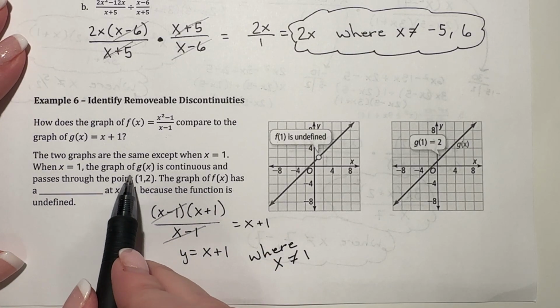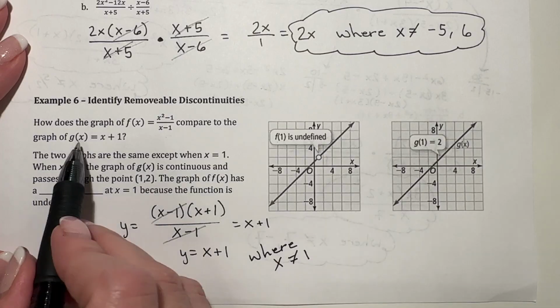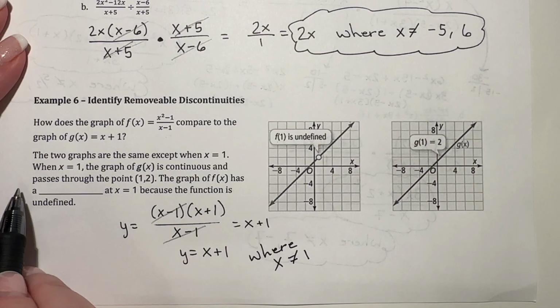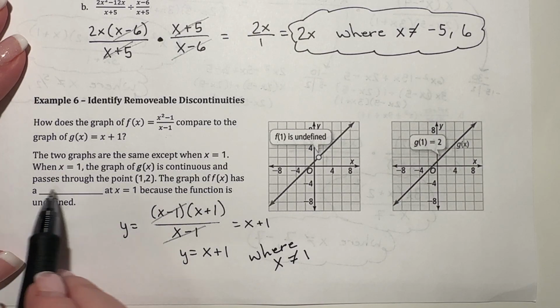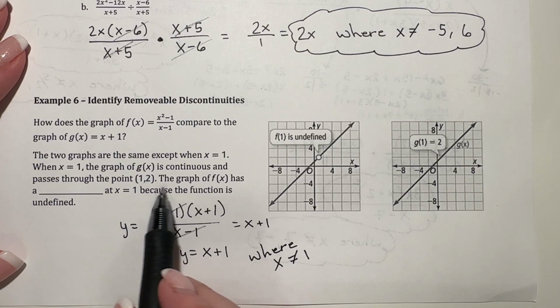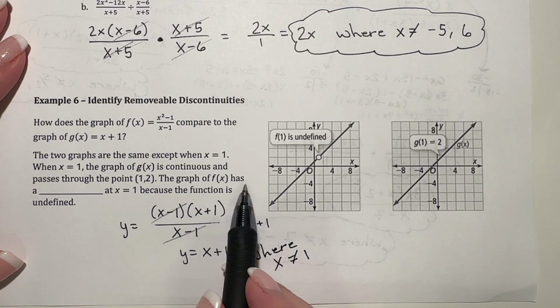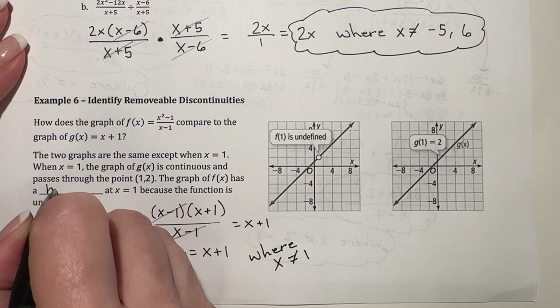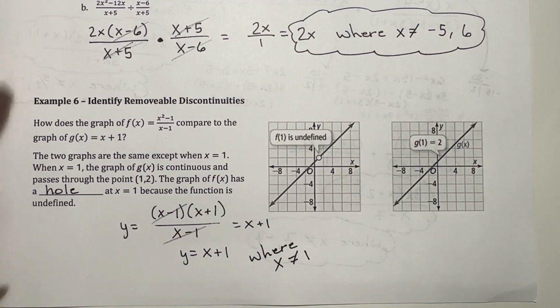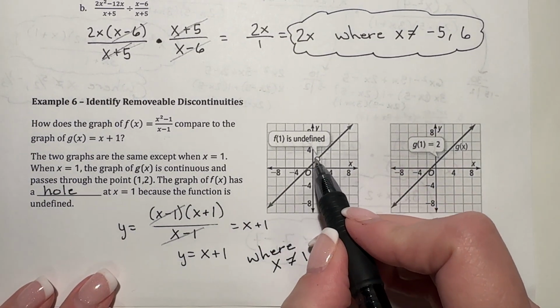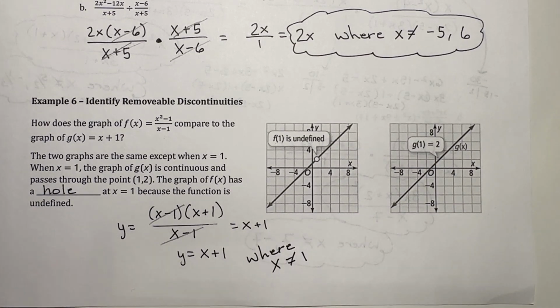At x equals 1, the graph of g of x, which is the straight line, is continuous. It does not have a hole and passes through the point (1, 2). The graph of f of x has a hole because the function is undefined. Now, when you draw these holes, you make them nice and big on your graph paper so that you can see them. They are, in fact, infinitely small.